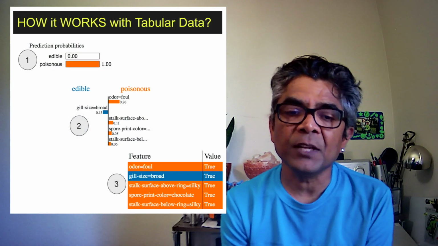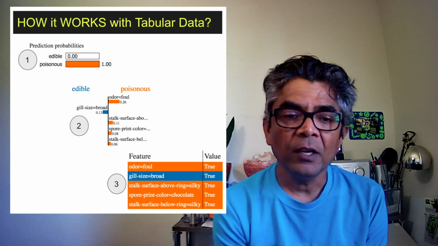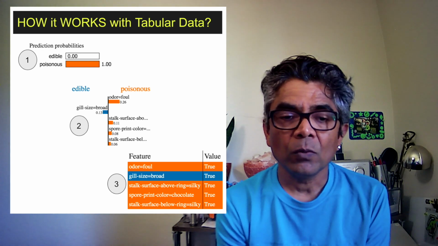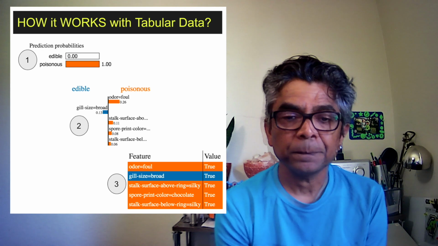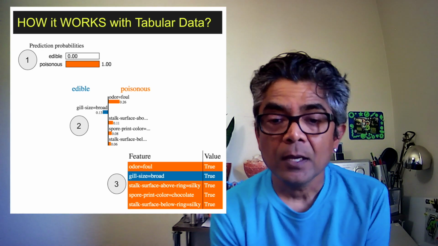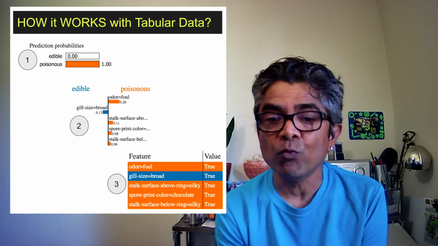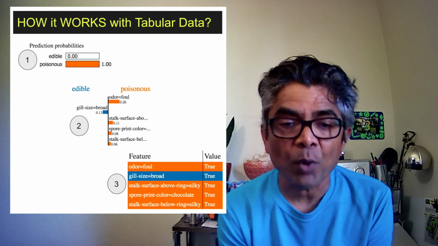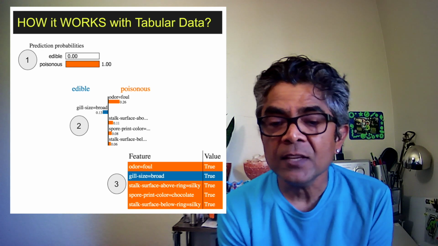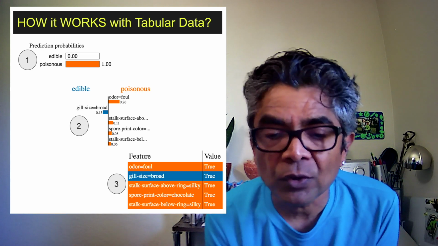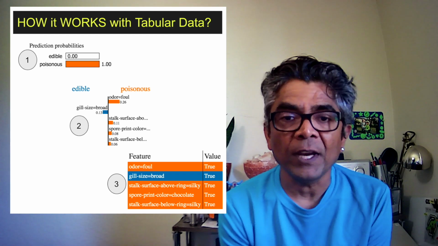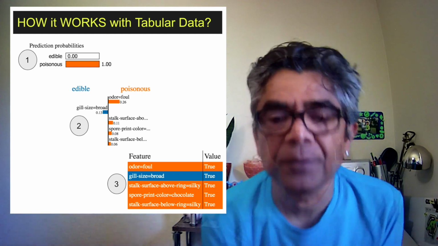Here in this inference result, you can see that the model has predicted a certain value to be poisonous, and the main reasons responsible for this result are given in these orange-colored features, along with their weights used to generate such a prediction.